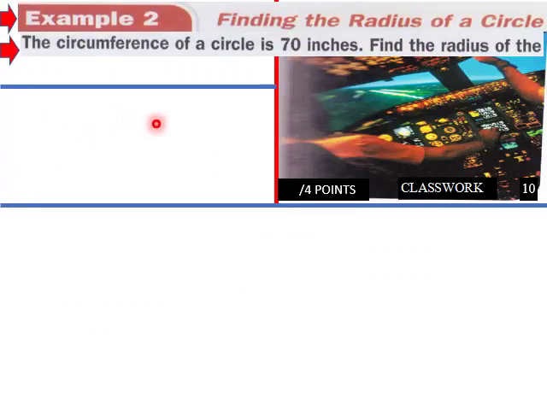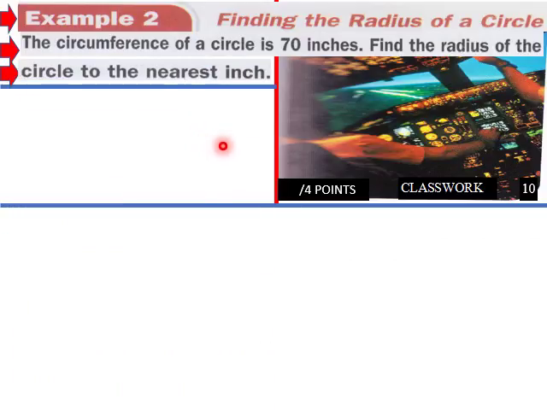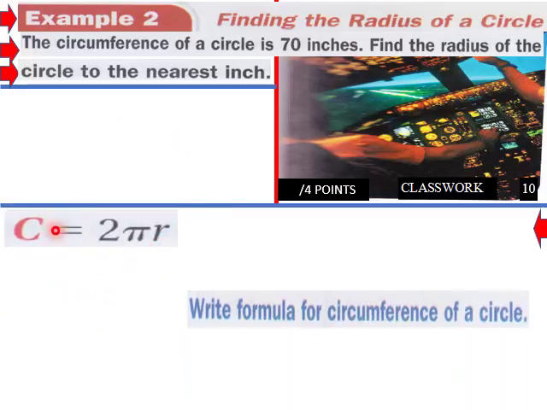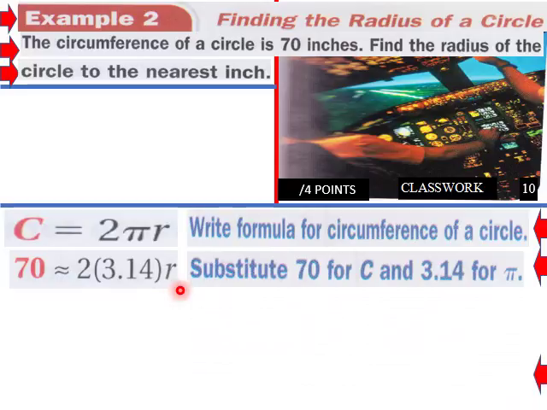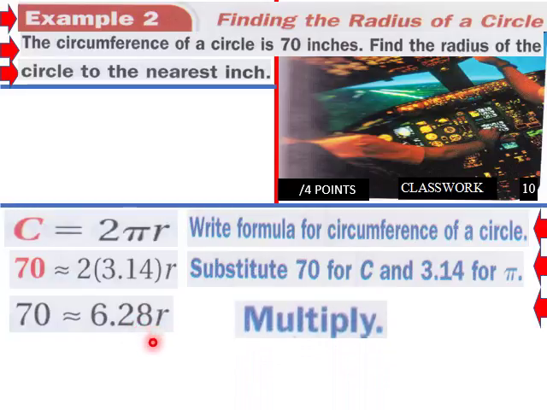Okay, so example 2, find the radius of a circle. The circumference of a circle is 70 inches. Find the radius of the circle to the nearest inch. Here's our circumference formula. We know 70 equals 2 pi r, and we need to find r. So how do we find that? Well, we use some algebra here. 6.28 r equals 70.